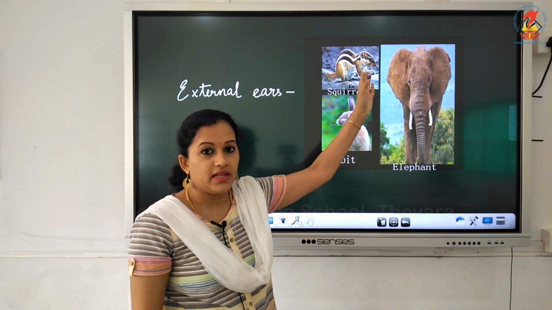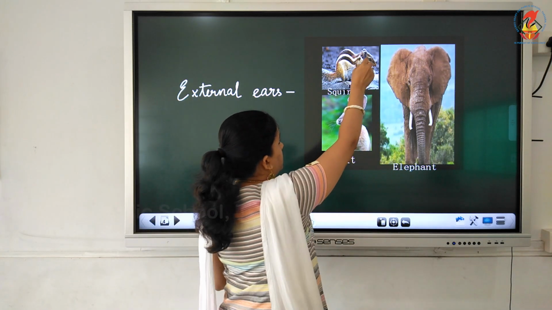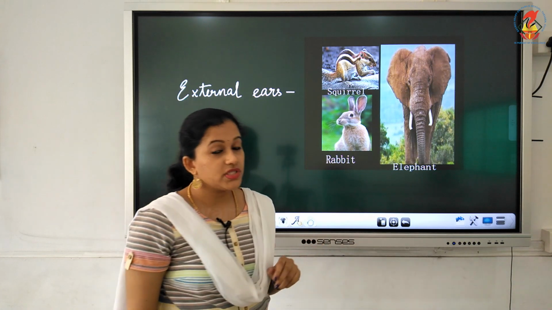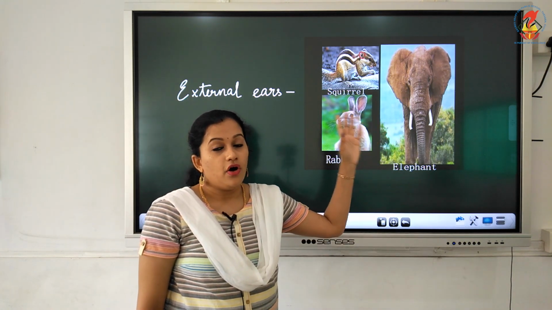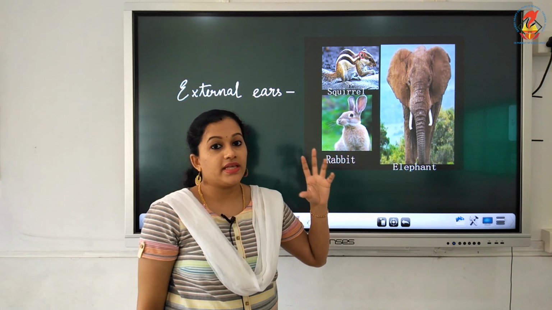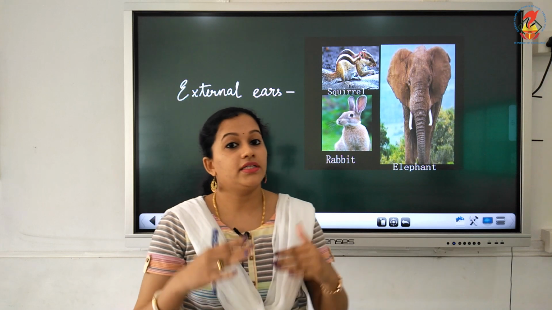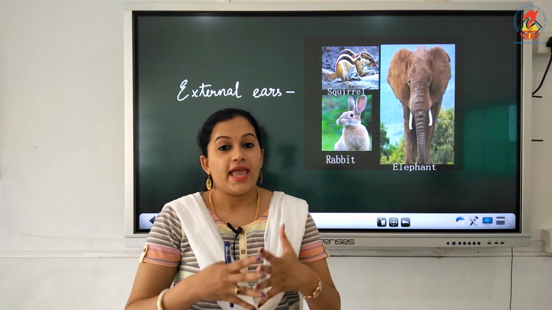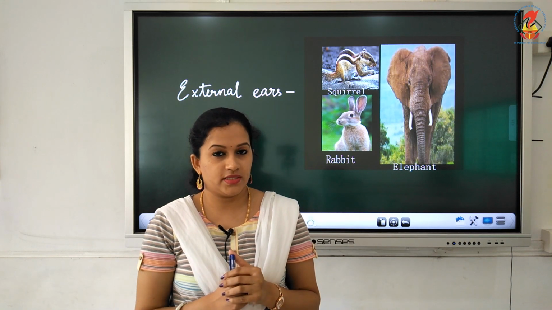Whereas a squirrel has a very small external ear, isn't it? It's very tiny. So, if you compare the ears of animals, you can say that the external ears of animals are in different size and shape. It's different in different animals.